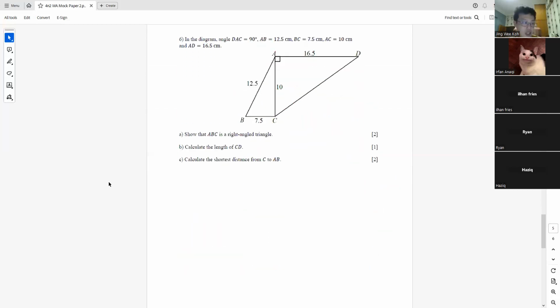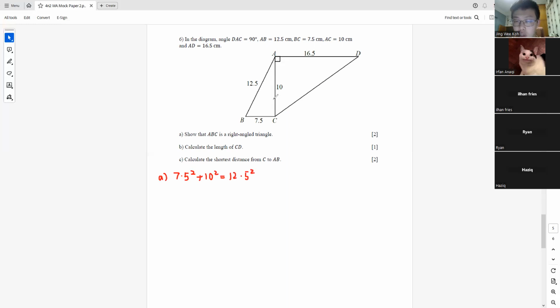Okay, question 6. How to show that ABC is a right angle triangle? So this is your converse of Pythagoras theorem. So the thing is, if you want to show that it's 90 degrees, you cannot write this down first. For question A, if you write this down straight away, you get 0 marks.